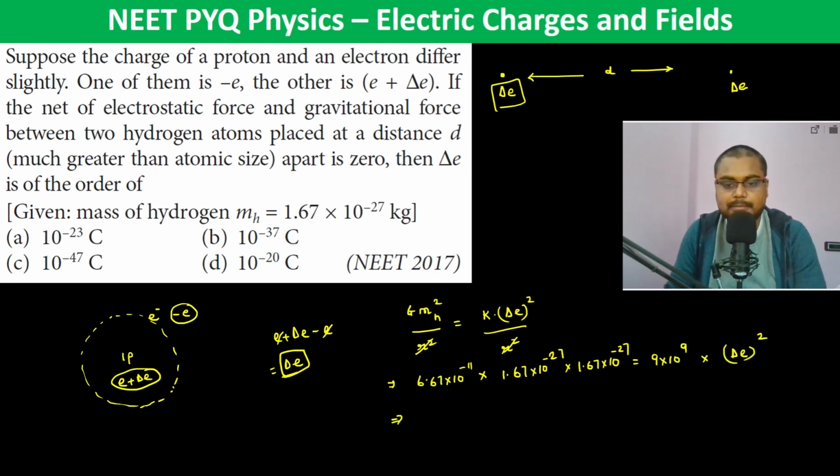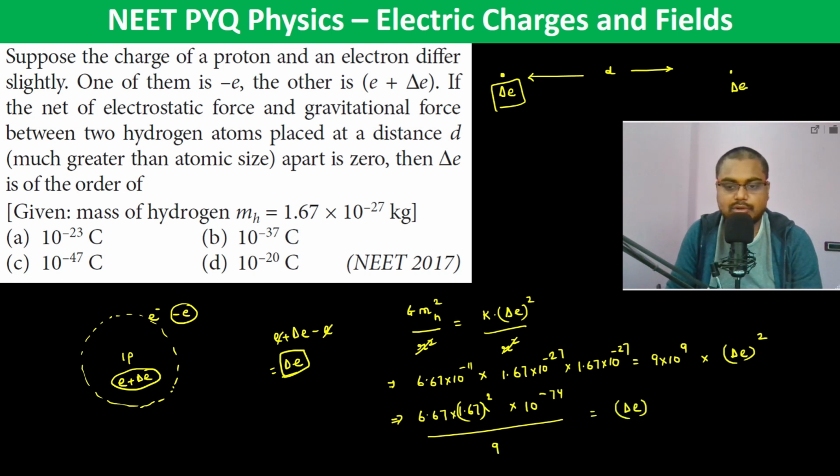Now, like the delta is of the order of, okay, so this is 6.67 into 1.67 whole square into 10 to the power minus 54 and minus 20, it's minus 74, divided by 9, which is equal to delta E whole square.